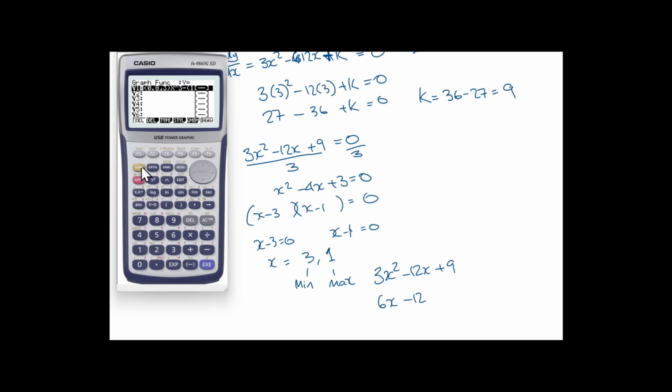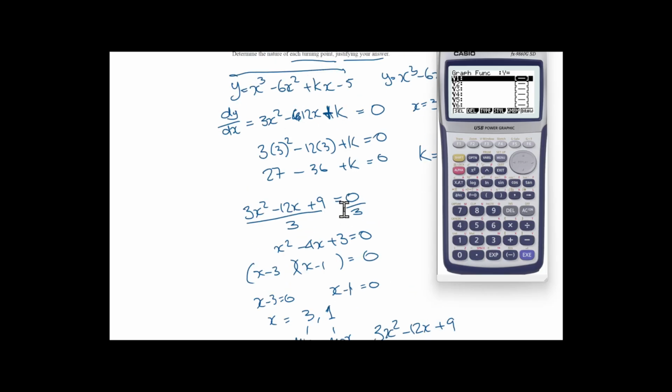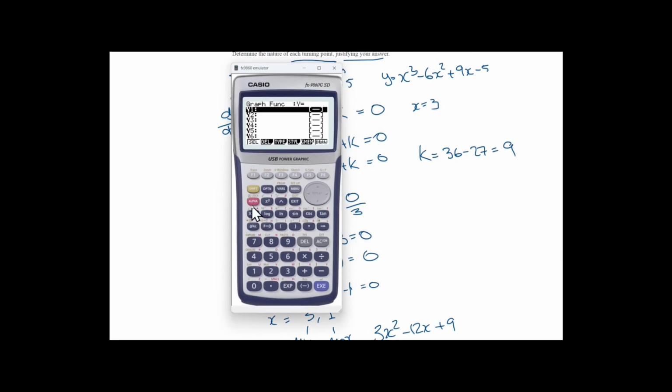Let's get rid of the last function that we did. So our original function now is going to be x cubed minus 6x squared plus 9x minus 5.